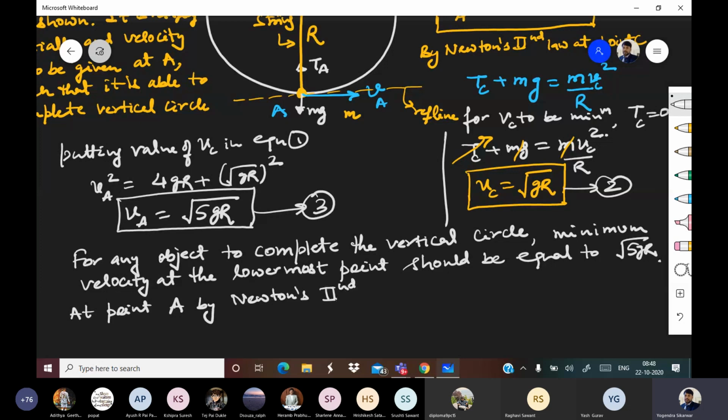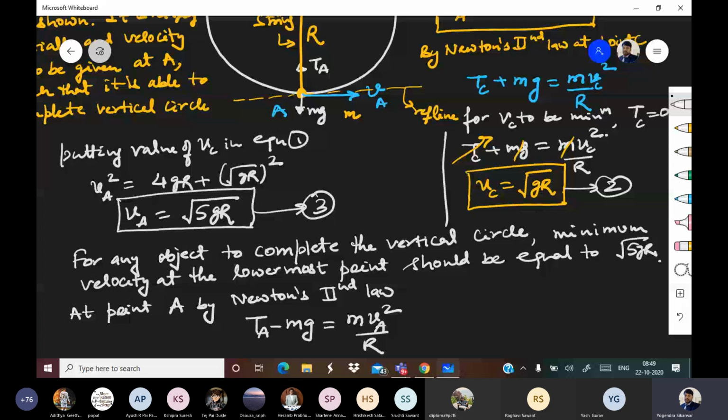Why? Because at point A, the net force towards the center will be TA minus mg, and this provides the necessary centripetal force.